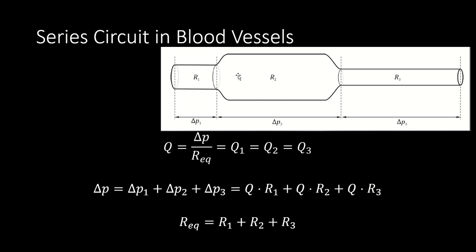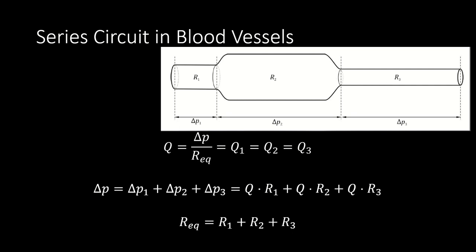It's just remaining constant going through each path. Therefore, the volume flow rate Q equals the pressure divided by the equivalent resistance, and that will equal the volume flow rate through Q1, equal to Q2, equal to Q3.